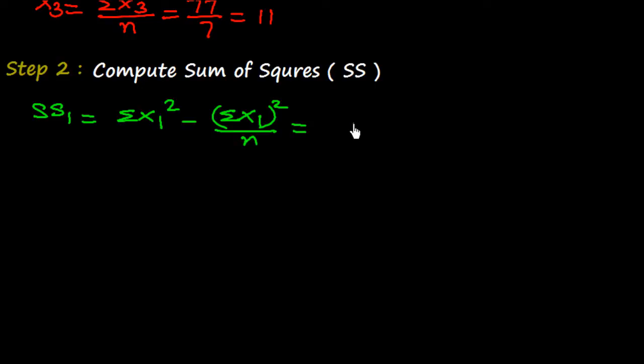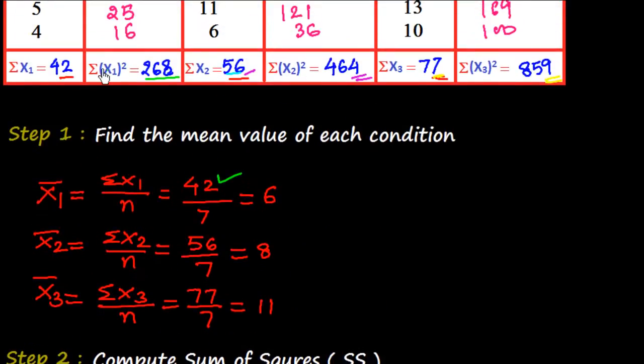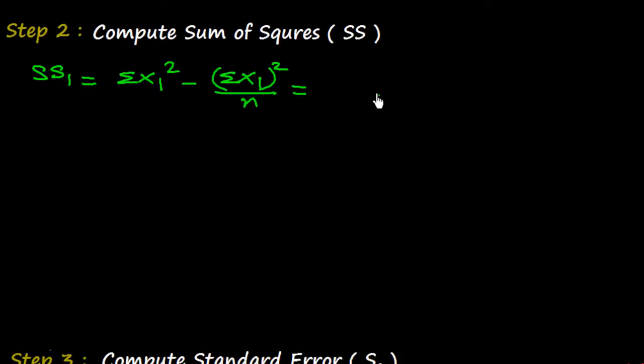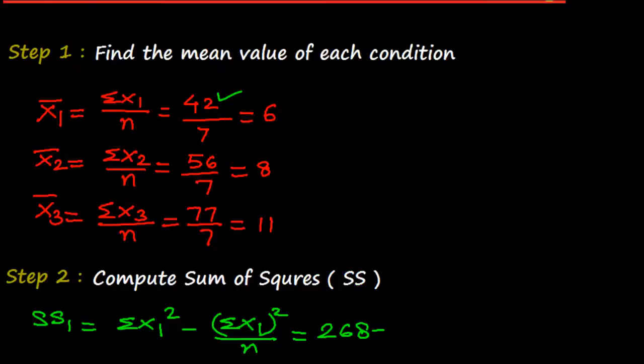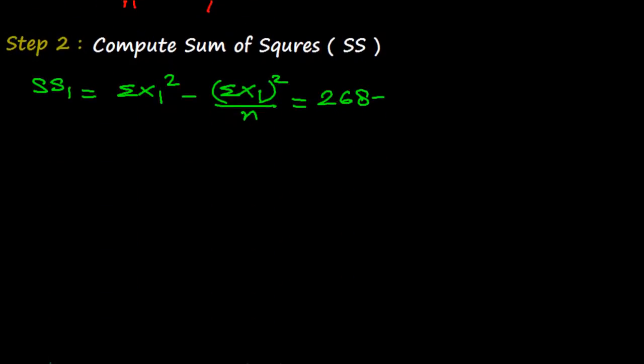So we get here sigma x1 square, look at here, which is 268. So we will write here 268 minus sigma x1, look at here, 42. So we write down here 42 square, and the total number of observations in each column is 7. So we write here 7.